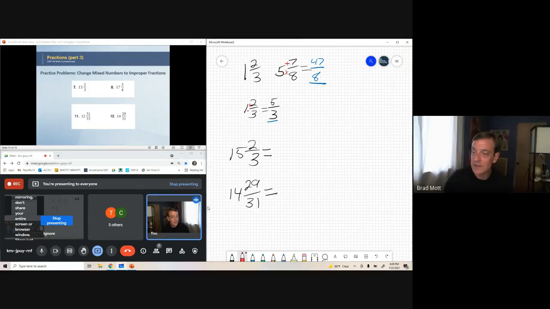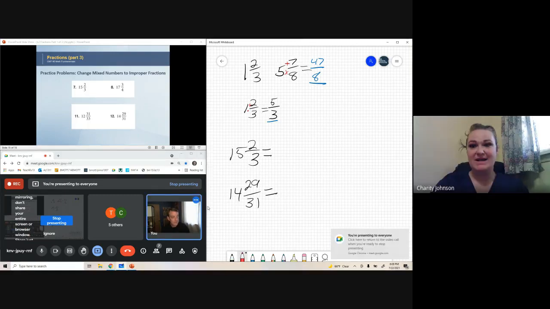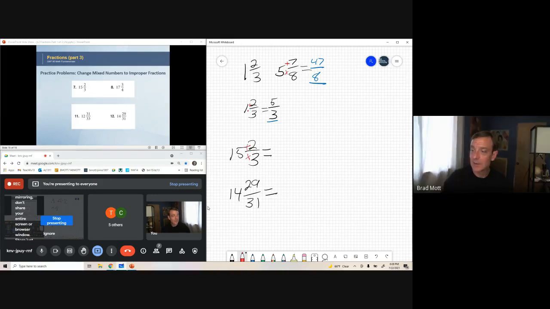Okay, and how did you get there? By multiplying 15 by 3. Okay, it's 45. Yep. And then adding the 2, which is 47. Excellent. Which gives us the 47/3. And then, of course, you obviously double-checked that there are no factors in common, which there aren't, and arrived at 47/3. Great.